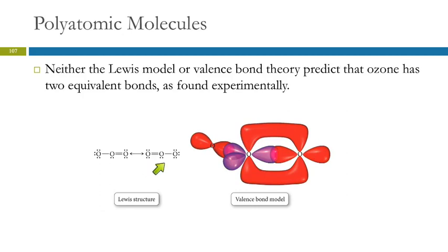It's not a double bond and a single bond, it's like a 1.5 bond for both, but we can't draw that. Valence bond theory doesn't do any better. Here we have a double bond here and a single bond there, and there's no way to do it in between. Experimentally, though, we know that ozone has 2 identical bonds. Neither is double or single, but they are the same. So these 2 models don't work.